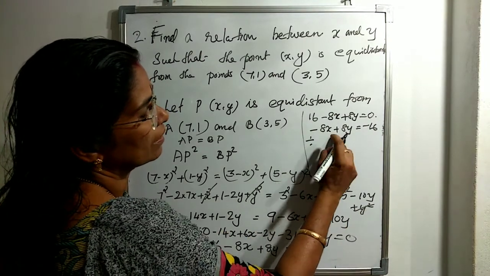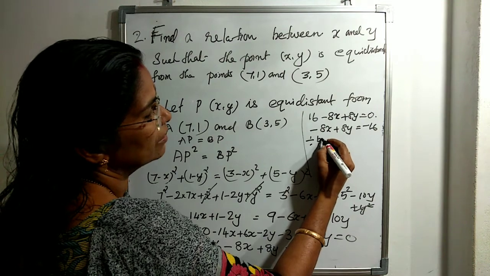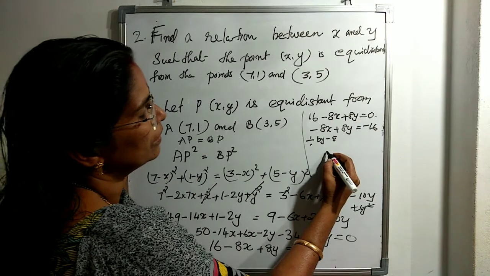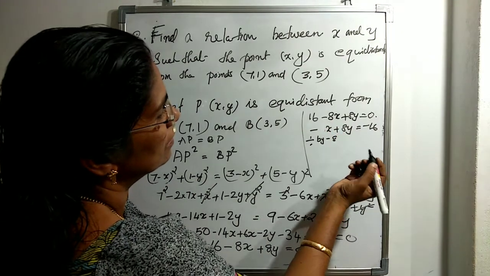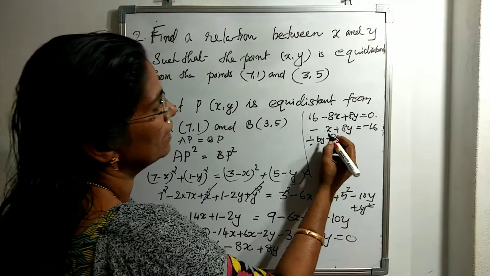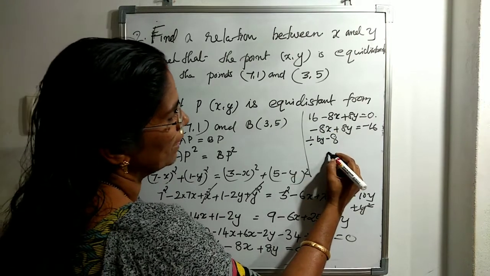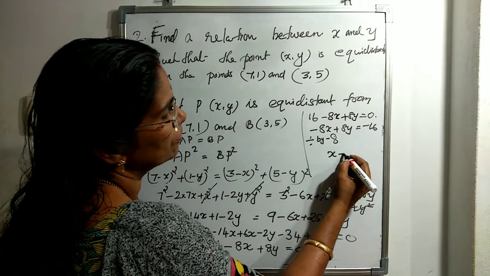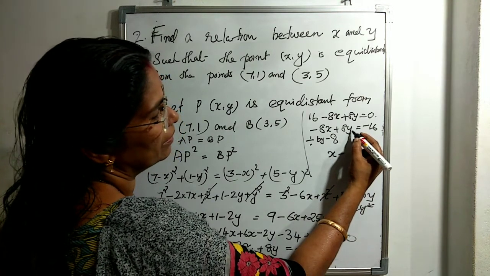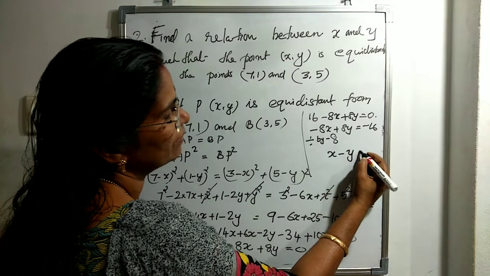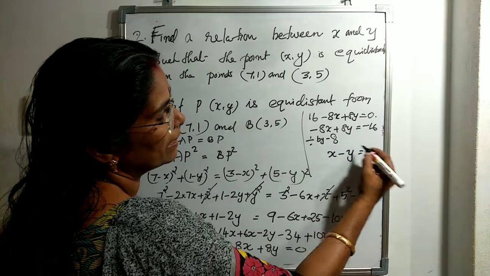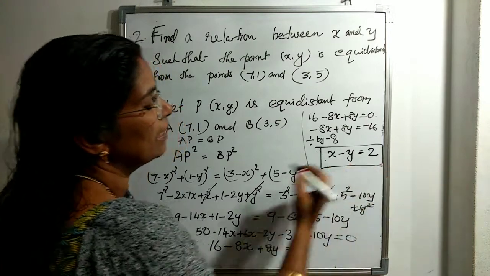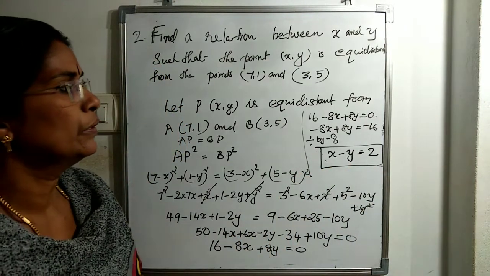Now all these are divisible by 8. So divided by minus 8, minus 8x by minus 8 becomes plus x itself. Here positive divided by minus becomes negative. Minus 16 divided by minus 8 is equal to positive 2. So you will get the last answer, x minus y is equal to 2.